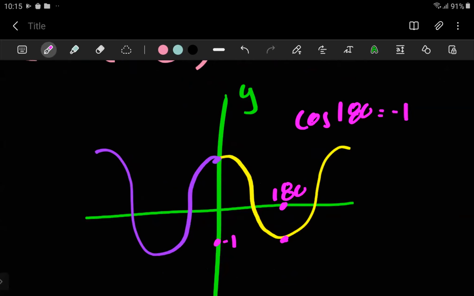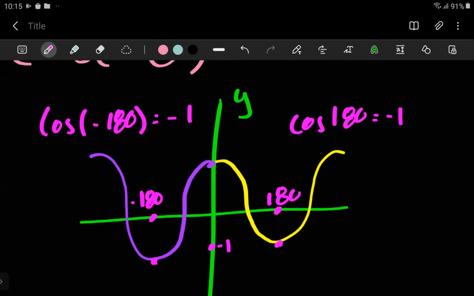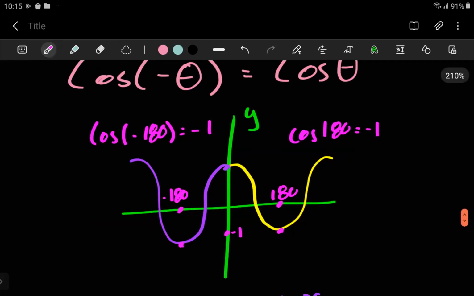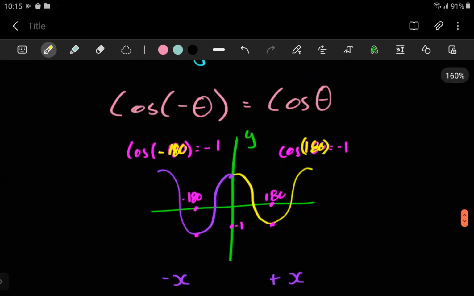But cos minus 180 is also equal to minus 1. That's just an example to show that only for cos can you have a negative here or a plus here, and it will give you the same value. There's the proof. Cos negative 180 is negative 1, and cos 180 is also negative 1. You see it? Yeah.